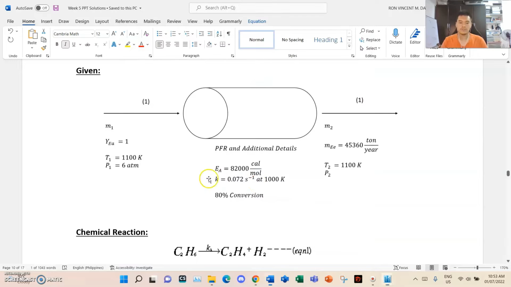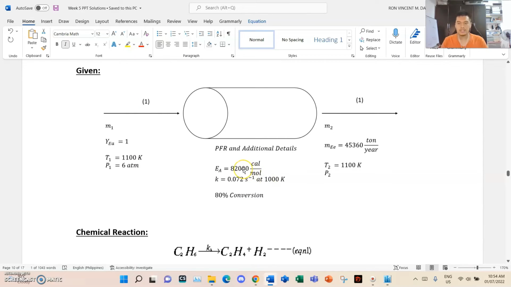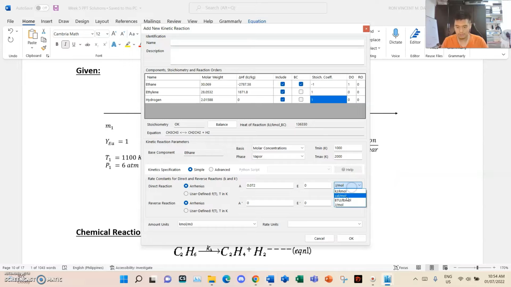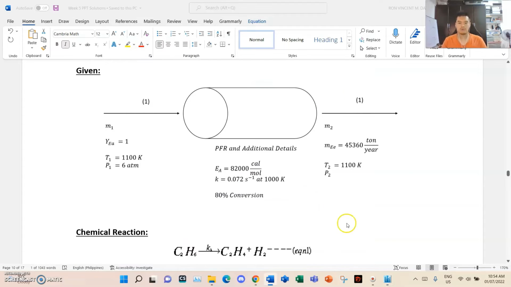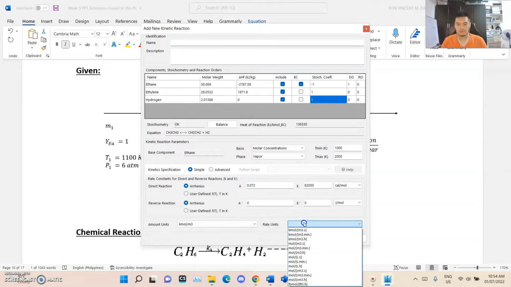Arrhenius equation, so we're given an Arrhenius equation of 0.072 for A or k, and then the activation energy is 82,000 calories per mole. So 82,000 calories per mole. And before we click OK, the units are kilomoles per cubic meter and kilomoles per cubic meter per second.